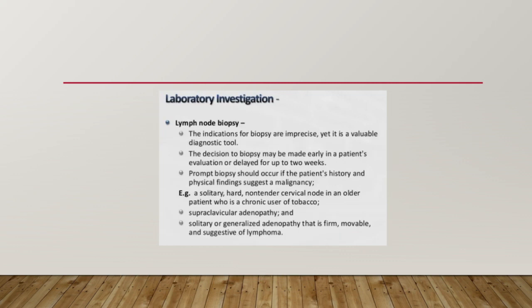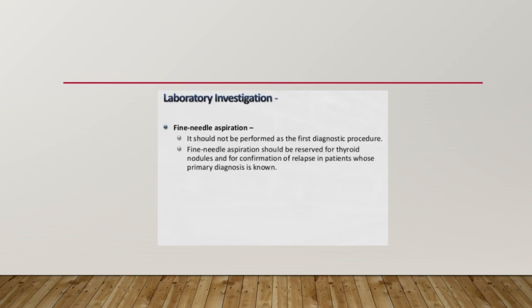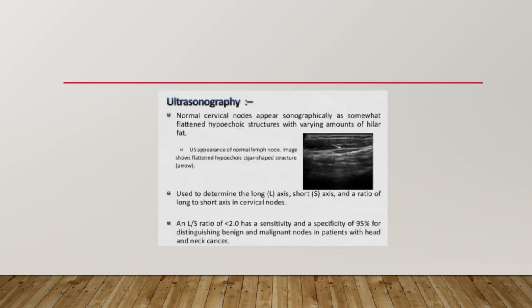Then talking a little bit of the lymph node biopsy, I think it's a little too late to go ahead with the laboratory investigations. So, I will skip to the radiological features. In a normal ultrasound, the lymph node appears as a flat hypoechoic structure with some amount of fat in the hilar region.